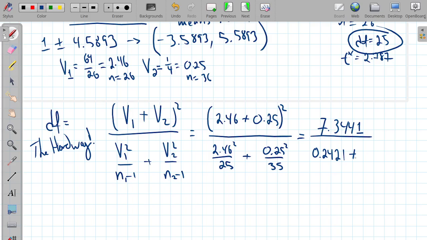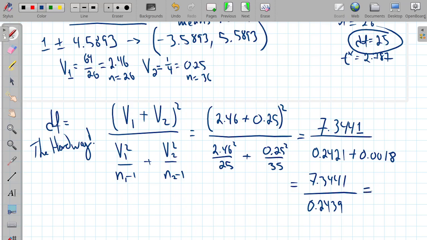And then we're going to have 0.25 squared divided by 35, which will be ridiculously small, 0.0018. Now, almost done. 7.3441. What's that bottom stuff add up to? 0.0018. Again, that's quite rounded too, by the way. Plus 0.2421. And we get 0.2439.